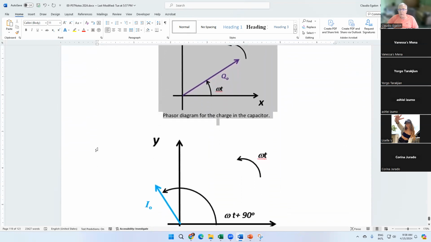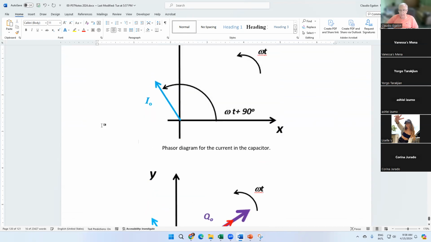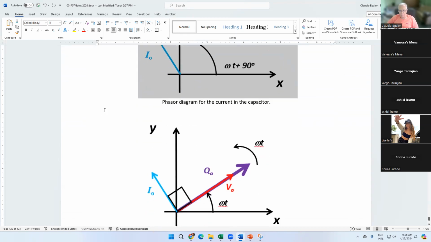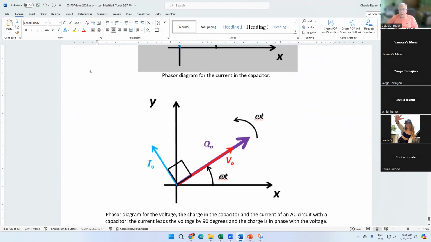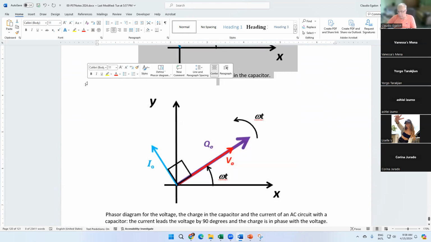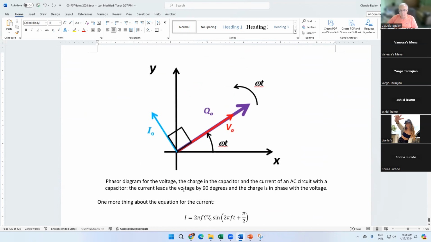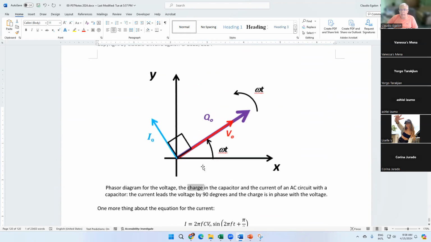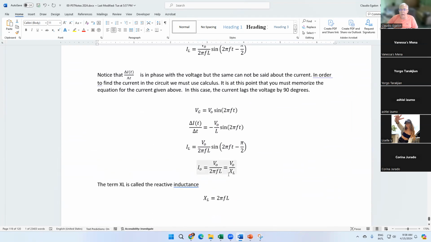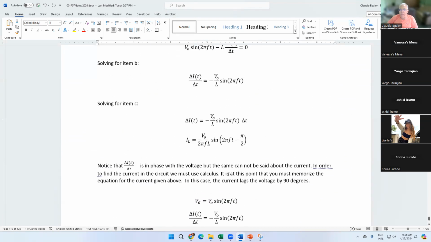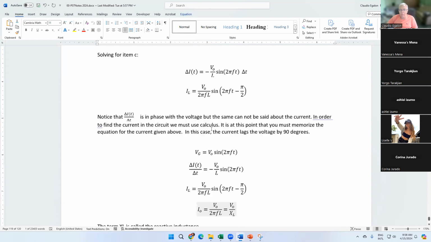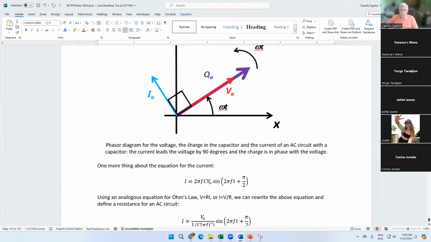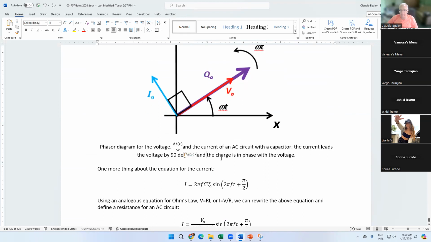So now the phasor diagram for the voltage, delta I over delta T, and the current of an AC circuit in an inductor.